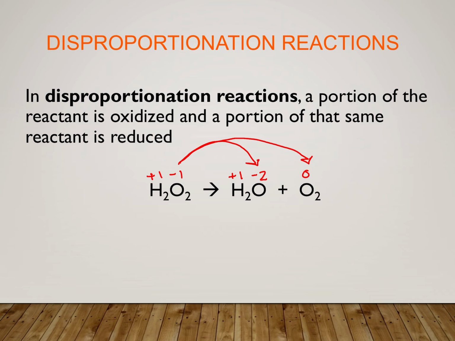So this is how we see a disproportionation reaction. Oxygen is being both oxidized and reduced during this same reaction. Some of it's oxidized, some of it's reduced, but it's this oxygen that's doing both. Hydrogen has the same oxidation state on both sides of the reaction. Hydrogen doesn't change, just oxygen.